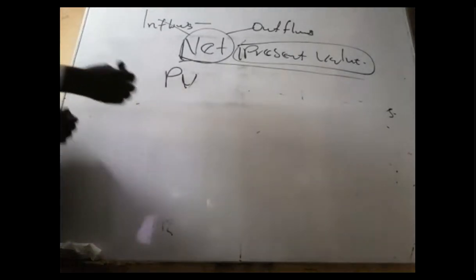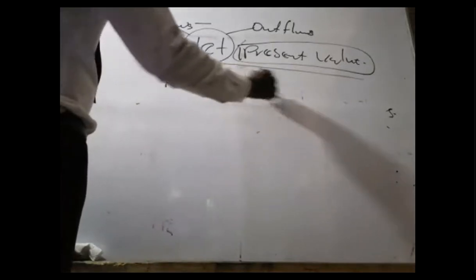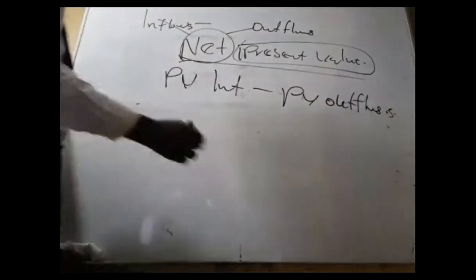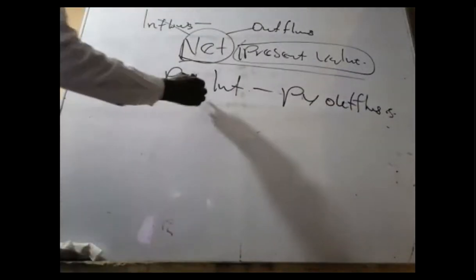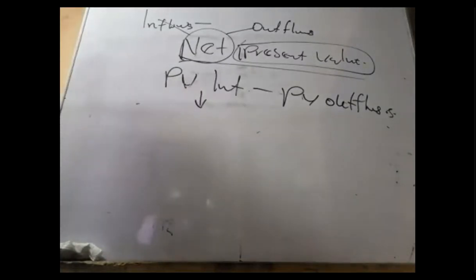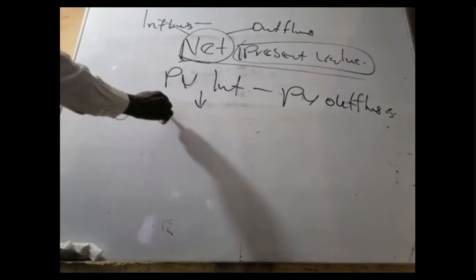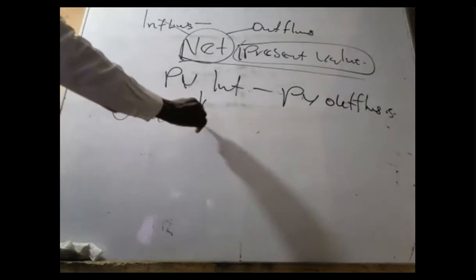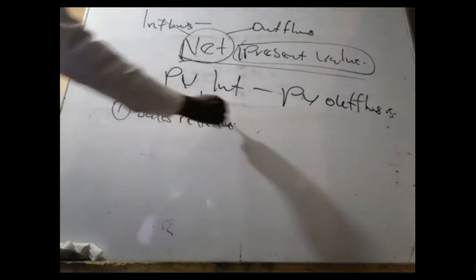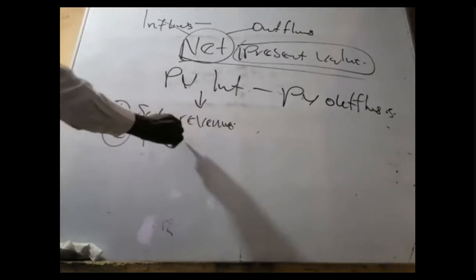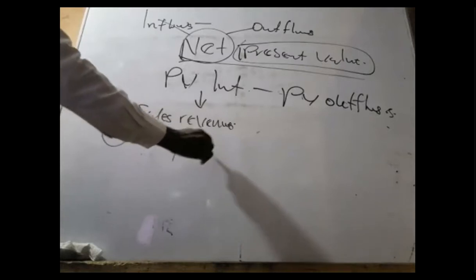Now, present value of inflows less PV of outflows. Examples of inflows can be sales, revenue, fees, or receipts.